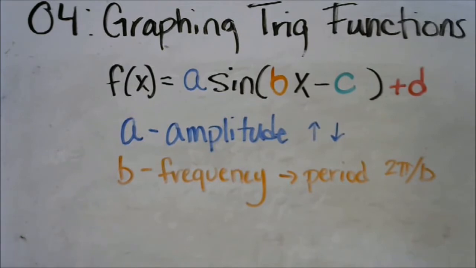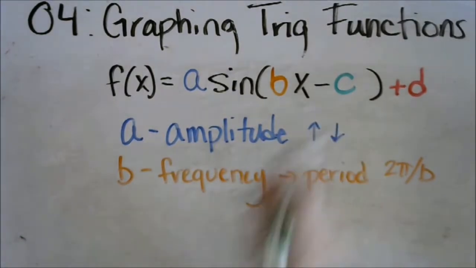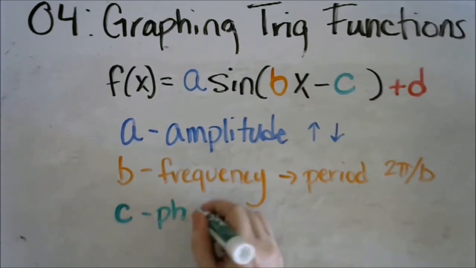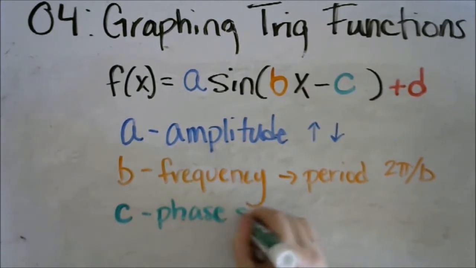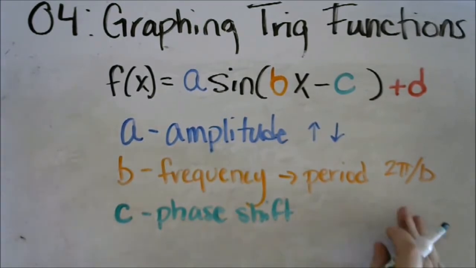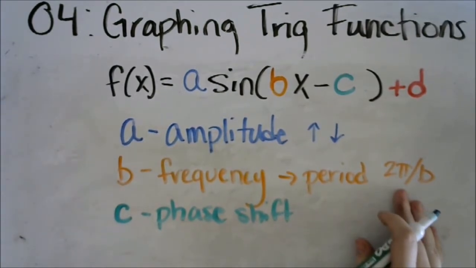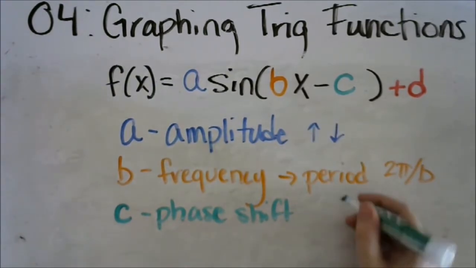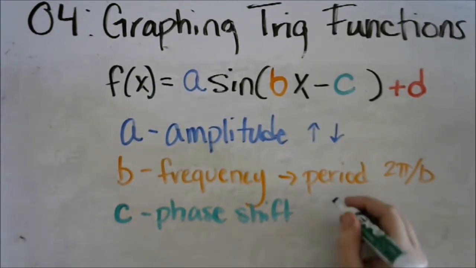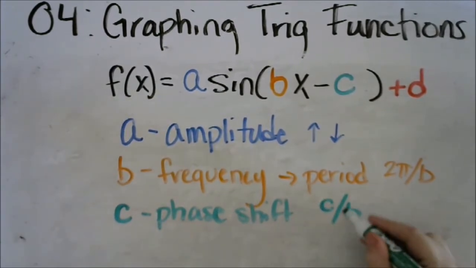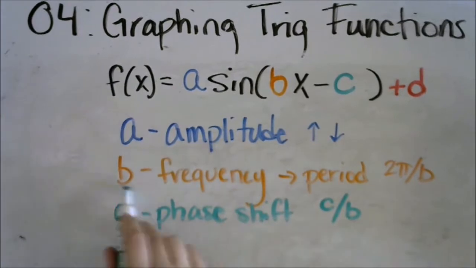Next, we have what was previously known as a horizontal shift and what will now be referred to as the phase shift. When dealing with phase shift, you have to reference your period in order to shift your function an accurate amount. So the phase shift is actually going to be C over B, which will allow us to think of it in the same terms of our period.